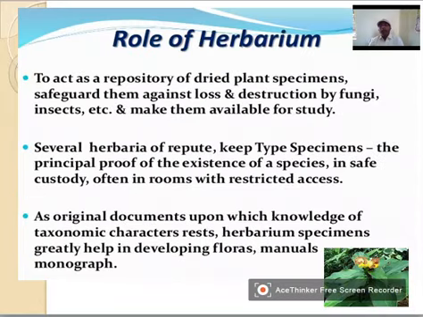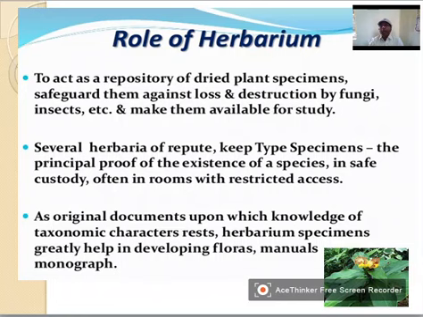Now, what is the role of herbarium? To act as a repository of dried plant specimens, safeguard them against loss and destruction by fungi, insects, etc., and make them available for study.